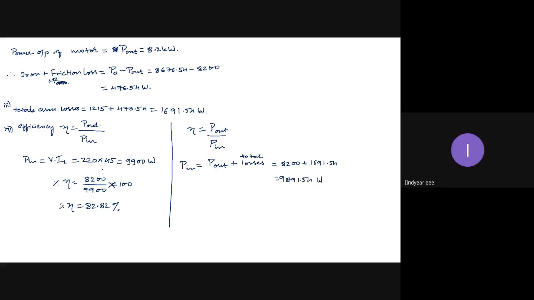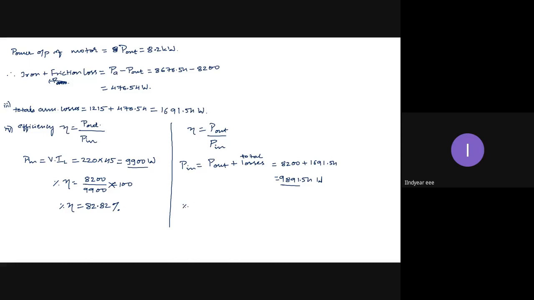What we got for P in by directly multiplying V into IL is 9,900. It is 9,891; the difference is only 9 watts. So small changes will happen. There is not much worry. This is one more way to find it.